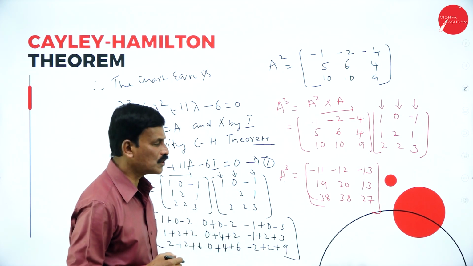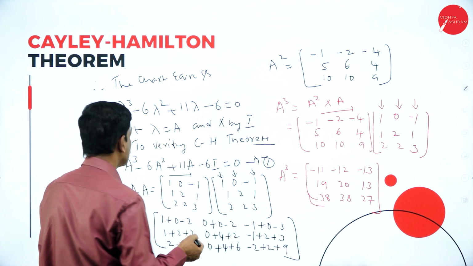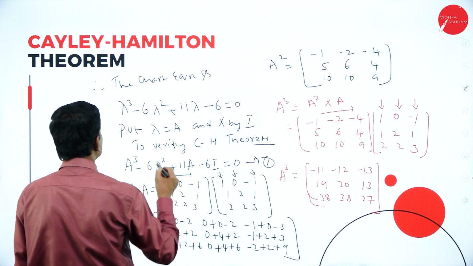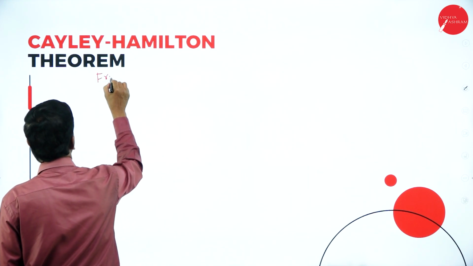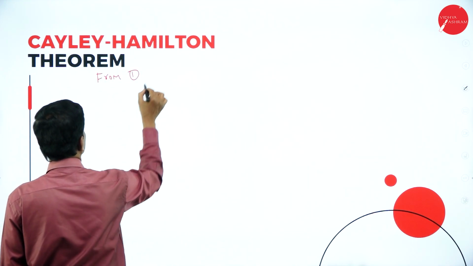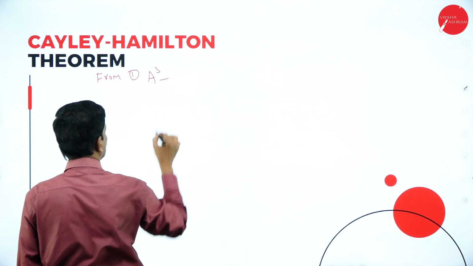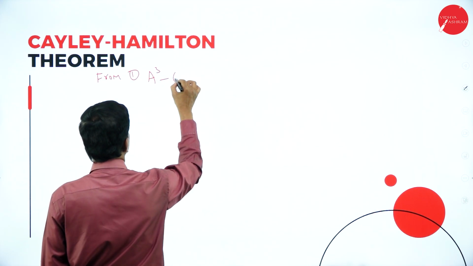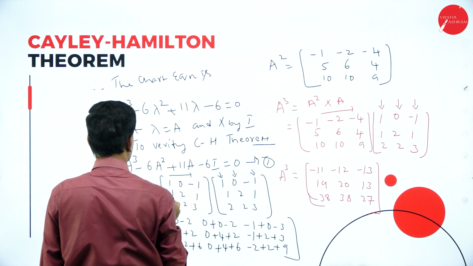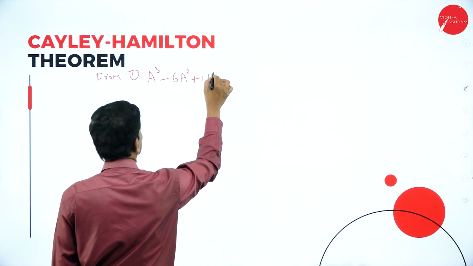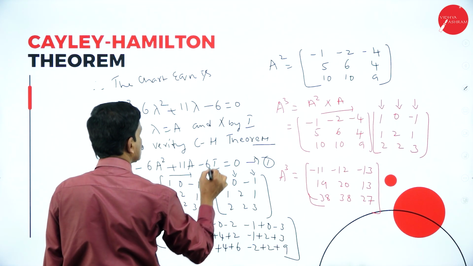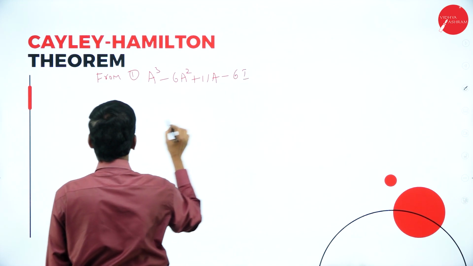Right, this is A cube. Now to verify the Cayley-Hamilton theorem, from equation number 1, what is 1? We have A cube minus 6A square plus 11A minus 6I. Substitute here.